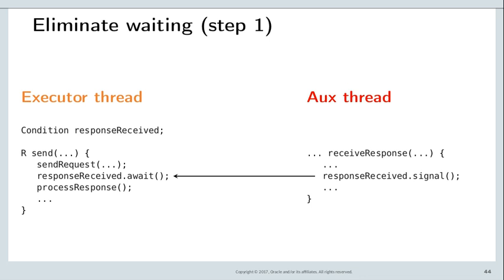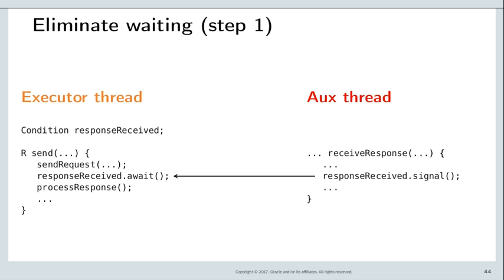Okay, what do we have here? We have an executor thread, which performs a wait on a condition, and we have our auxiliary, very important thread, which wakes up our condition to signal that the response was received.